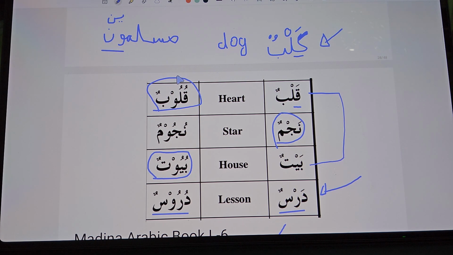What is another type of jam? Jam muannas salim. An example of jam muannas salim is muslimatun, which becomes muslimatun. So what do you add at the end?